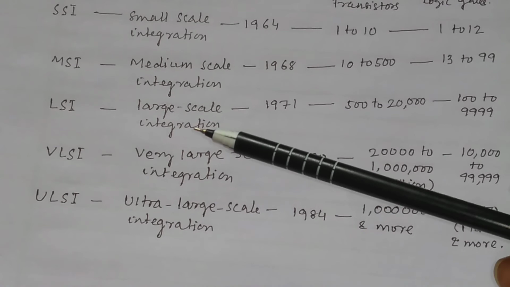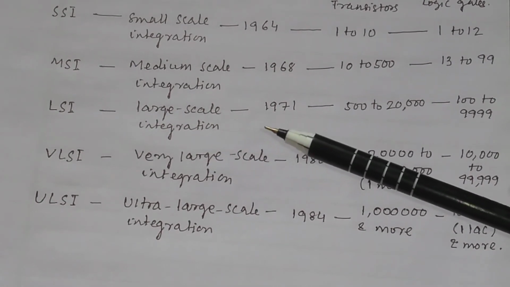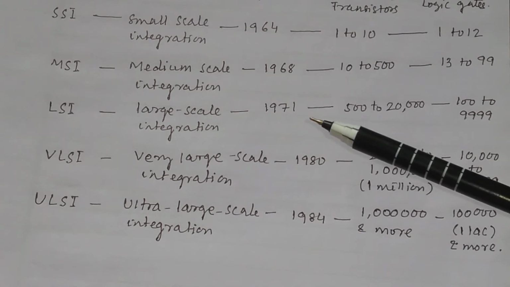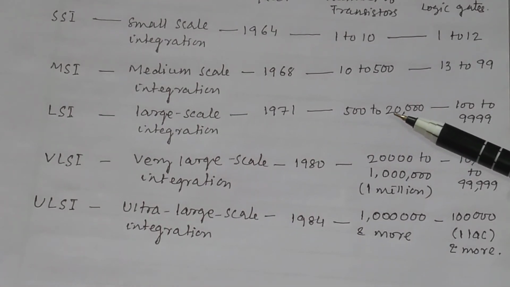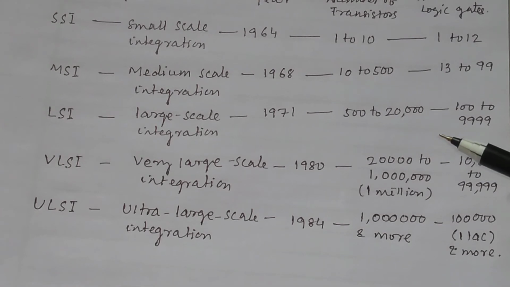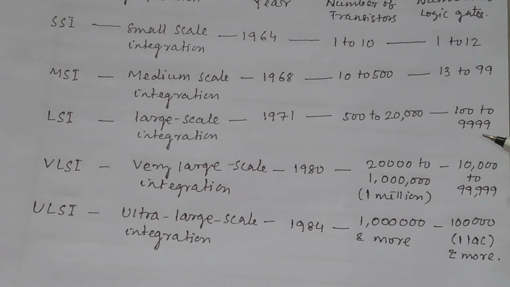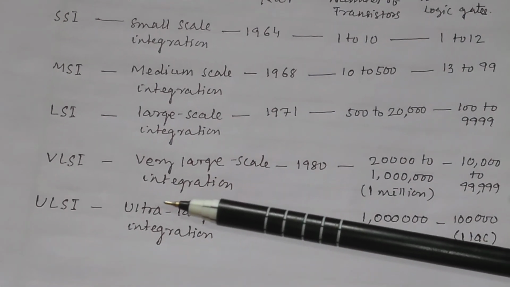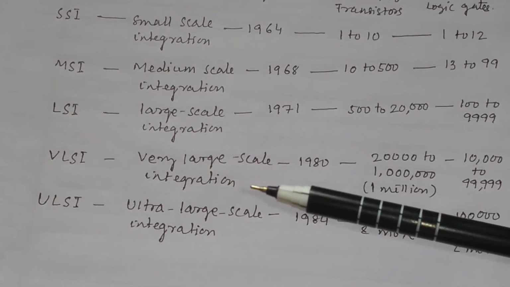The next scale of integration is LSI, that is the large scale integration circuit. It was invented in 1971, and the number of transistors used is 500 to 20,000, and the number of logic gates used is 100 to 9,999. The next is VLSI, that is very large scale integration.